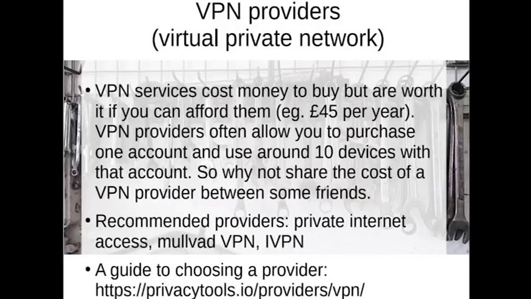Some recommended providers: there's basically a review of the providers on privacytools.io, and you might want to consider, for example, which jurisdiction that organization is in, so that if there is a judicial request for data logs from that VPN service provider, is the VPN service provider going to sell you out and just give your IP address away? Do they take logs?